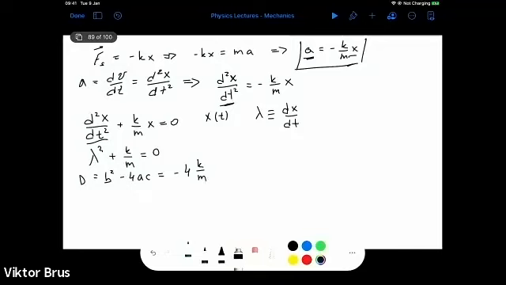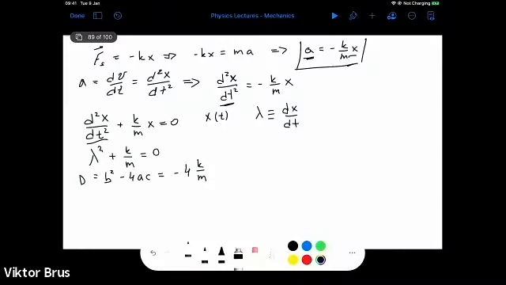So what is special about this discriminant? It's negative, and the solution of this quadratic equation, you are right, will be imaginary. It will be some conjugated imaginary numbers.